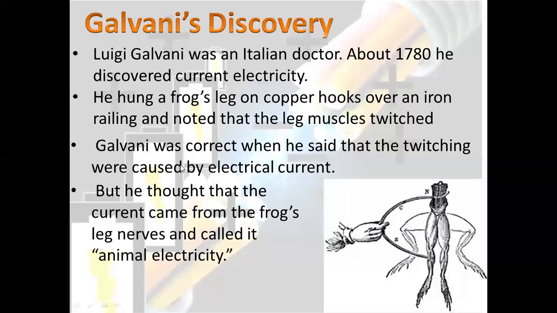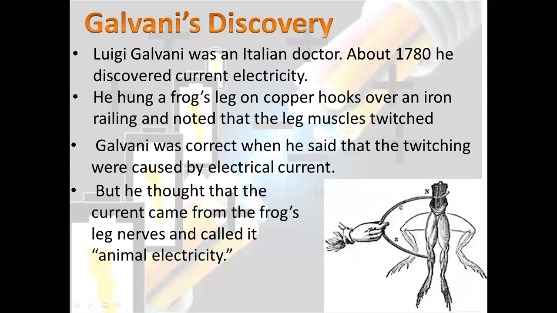Galvani was amazed to see that, and he thought that the electrical impulses being created in the legs of the frog were happening because of the muscles. They contain electrodes as well, and maybe he was able to get the electricity out from that point. So he called it animal electricity.